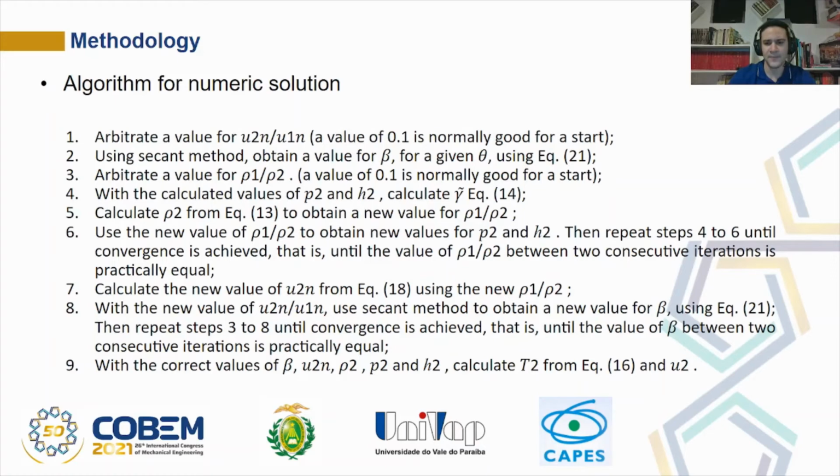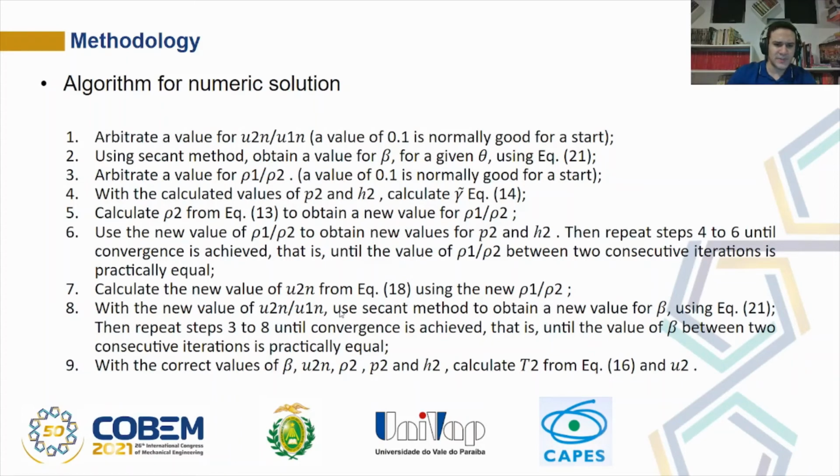That is, until the value of beta between two consecutive iterations is practically equal. So we have the iterations 4 to 6 inside the iterations of steps 3 to 8. So we have an iteration inside of another iteration.